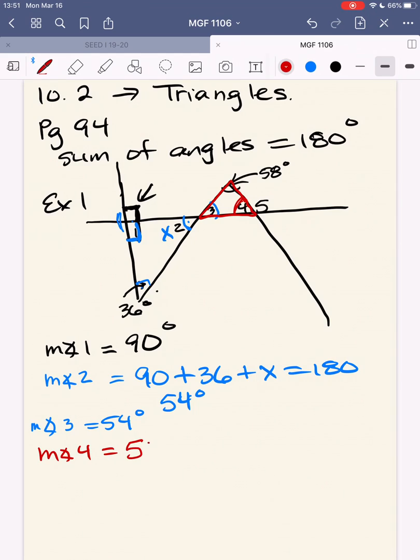So I have 54 degrees from angle 3, I have 58 degrees, which was given to me, and I'm going to call the unknown y. They have to be equal to 180. When I do the math for angle 4, I end up with 68 degrees.